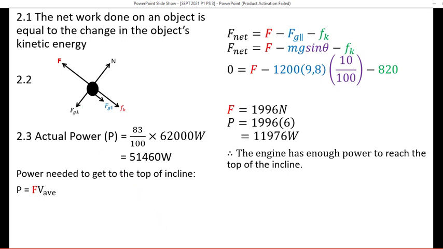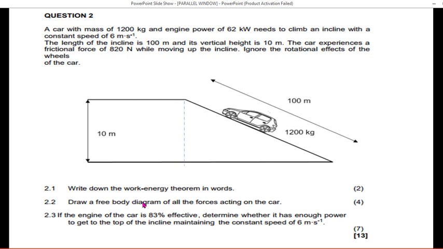Then question number 2.3. If the engine of the car is 83% effective, that means the engine can develop power, but only 83% of it is working. That means the remaining 17% of the engine power or the engine force is wasted.